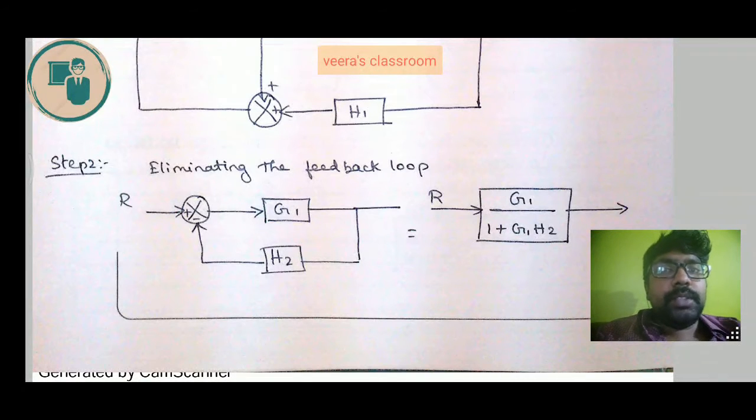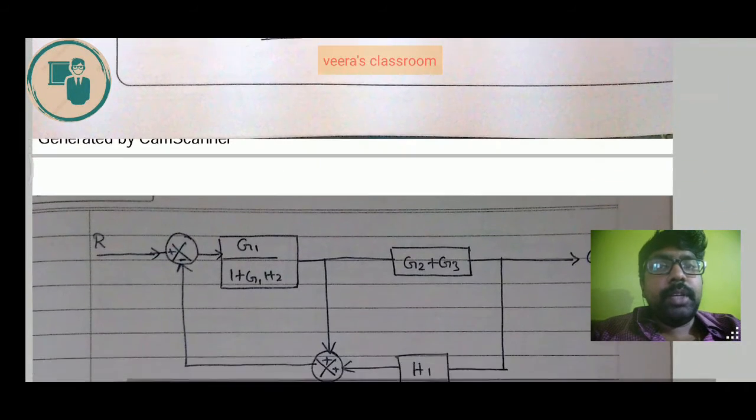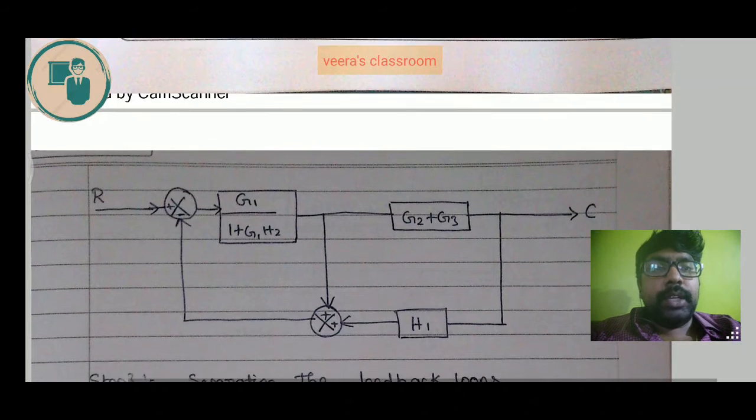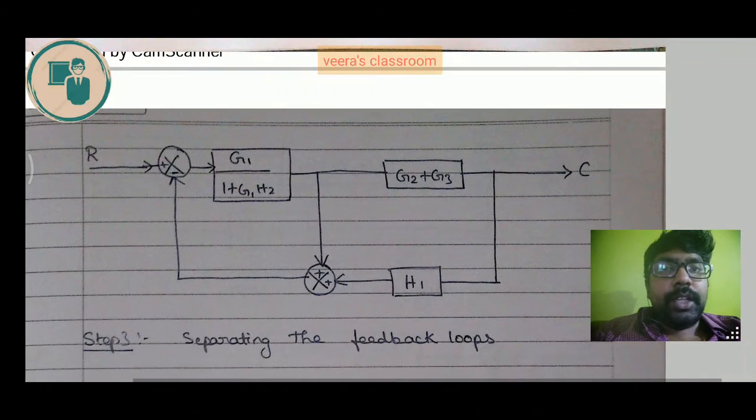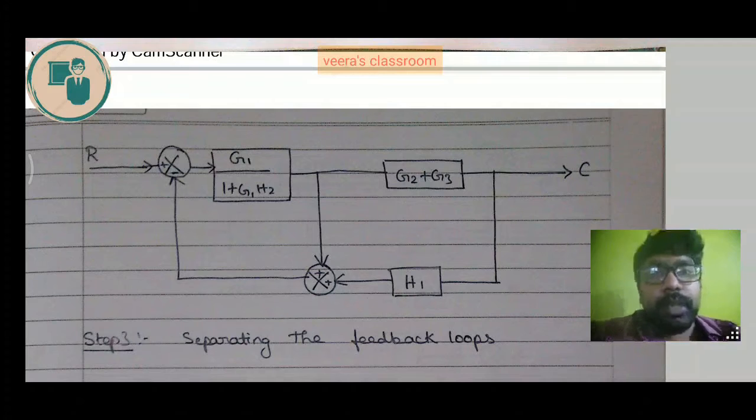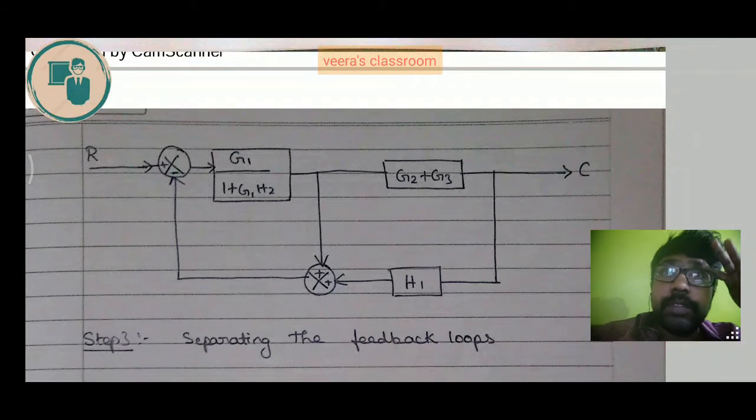We will replace this feedback loop in the main diagram and redraw the diagram. After redrawing, we have a summing point at the bottom. That summing point can be separated into two. We have a rule called splitting of summing points. In that rule, the summing point is split into two different summing points.